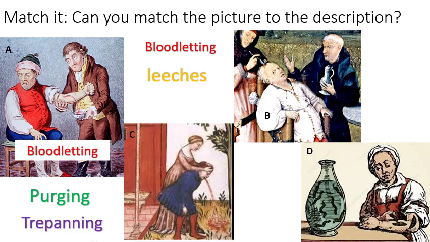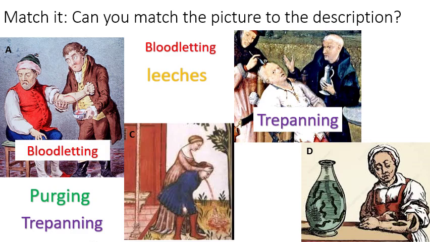So B is the lovely picture of that man with what looks like a scalpel or something very sharp being put in his skull. Okay, so that is trepanning. Trepanning was a really, really nasty procedure that was done a lot, and that would cure you of things like headaches.